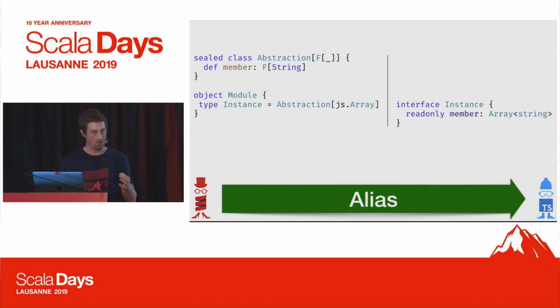So if we have a type alias, then that gets turned into a filled-in interface on the TypeScript side. So in this case, abstraction of array, we get an instance that's populated with array as f.